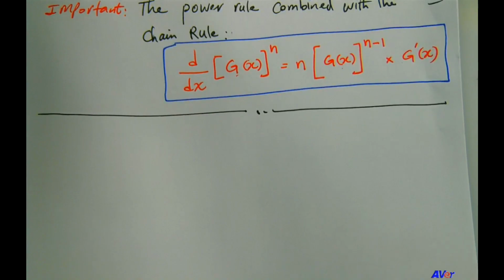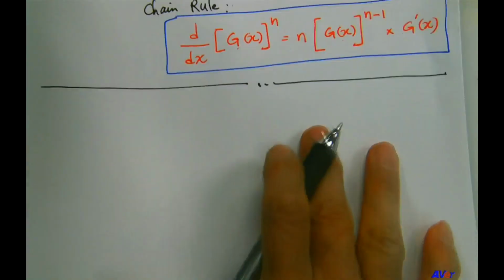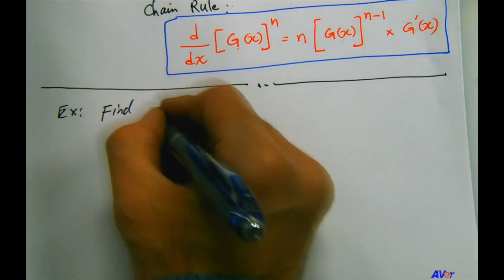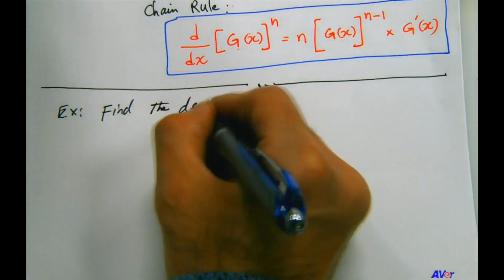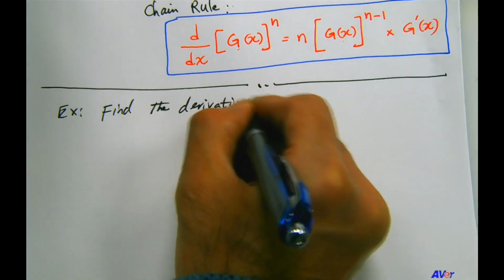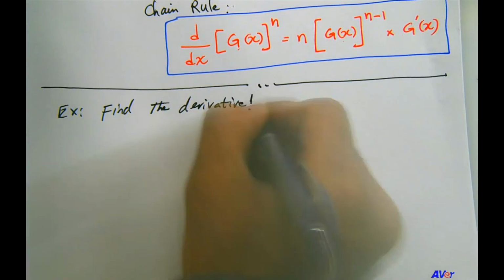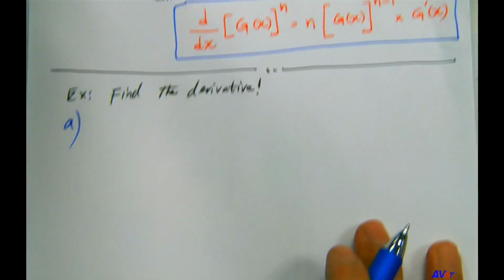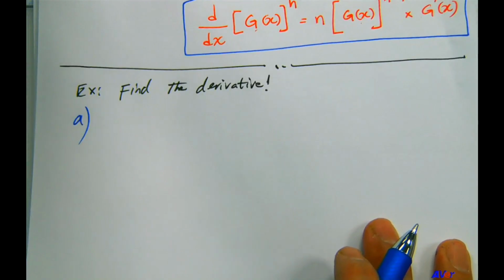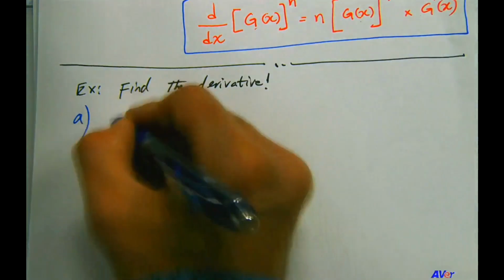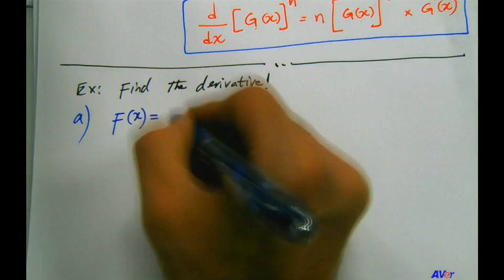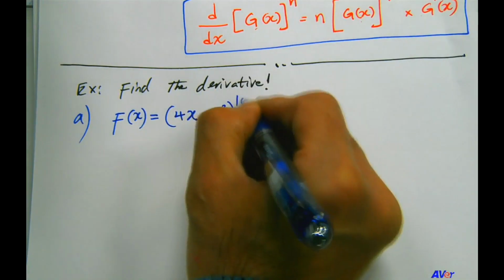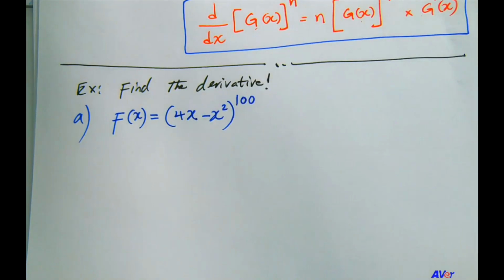All right, so in this series of examples, we would like to find the derivative. Okay, so here is, let's call it part A, or example A. Suppose we want to find the derivative of this function to the 100th power.